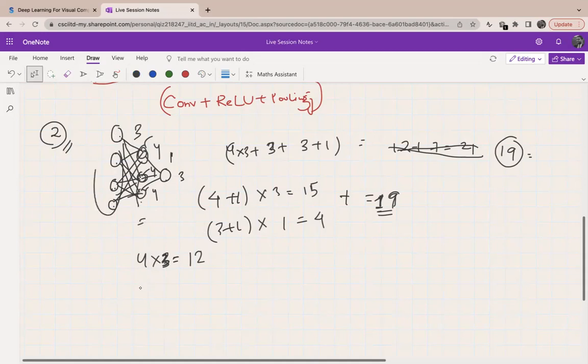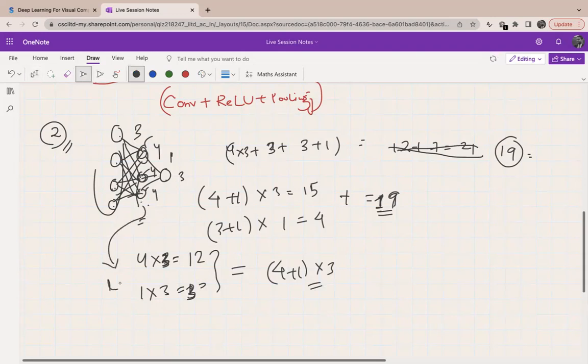So that's why I am adding 1 into 3 equals 3. So instead of doing these 2 steps, what I'm doing is 4 plus 1 into 3. So when I'm evaluating for a layer, let's say L, I need to go for L minus 1.